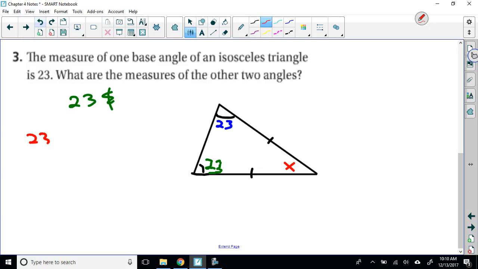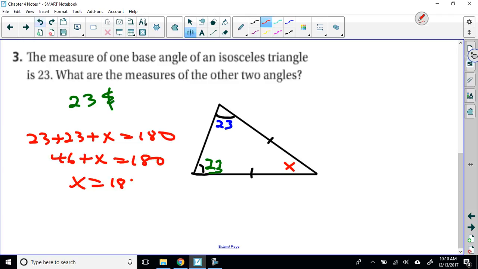So 23 plus 23 plus x would be 180. So 46 plus x would be 180. So x would be 180 take away 46. And I guess that's going to be 100-something that ends in a 4. Is that 134 degrees? So 23 degrees and 134 degrees. There you go.